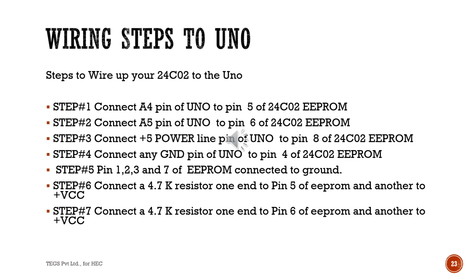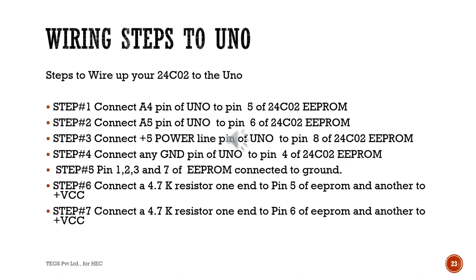Steps to wire the 24C02 EEPROM to Uno. Step 1. Connect A4 pin of Uno to pin 5 of 24C02 EEPROM. Step 2. Connect pin 5 of Uno to pin 6 of 24C02 EEPROM.